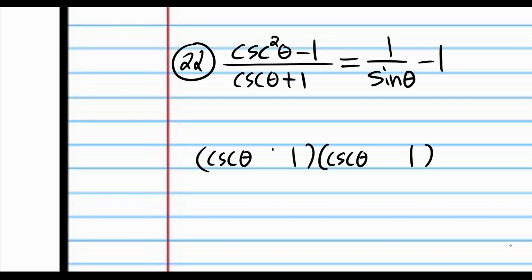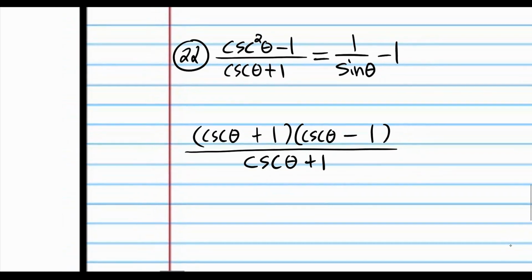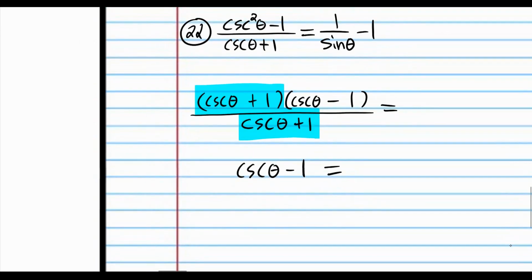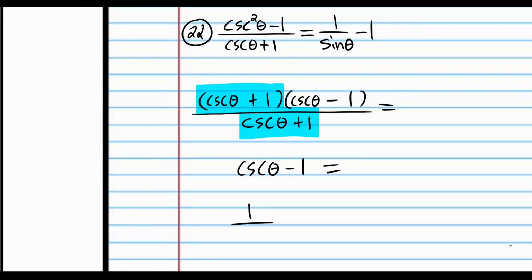And then, of course, we write a plus symbol and a minus symbol. And then we're going to cancel these expressions, and we're left with cosecant theta minus 1. And we're almost done. We have to use a reciprocal identity. And there you go.